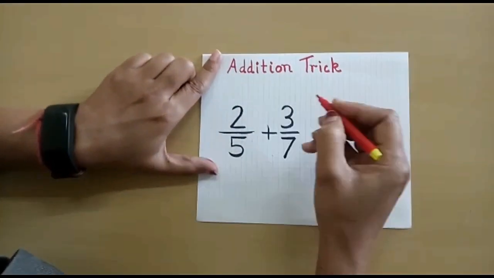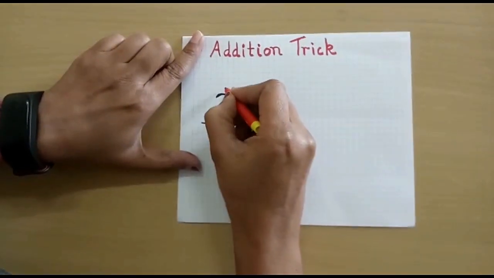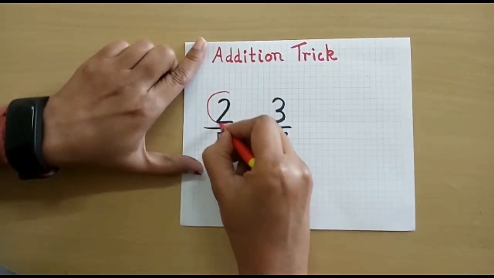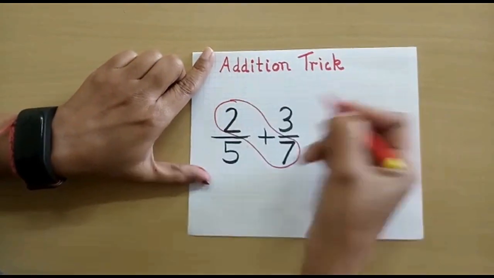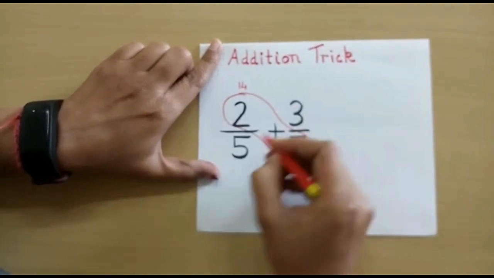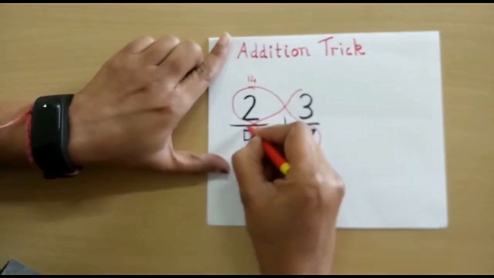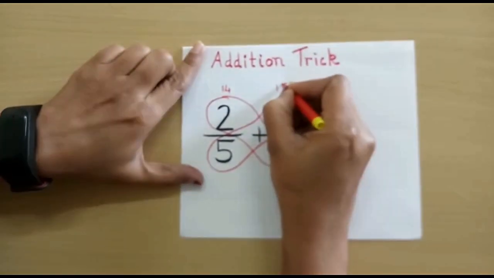Study addition trick for fractions. These are the two fractions. We will cross multiply these numbers. So 7 2s are 14, and 5 3s are 15.